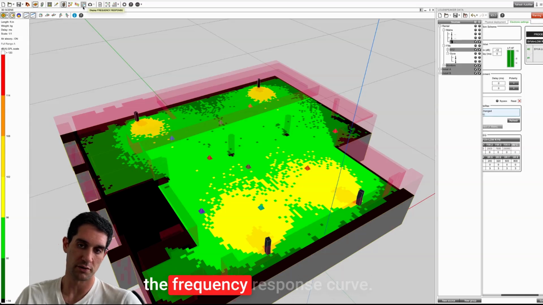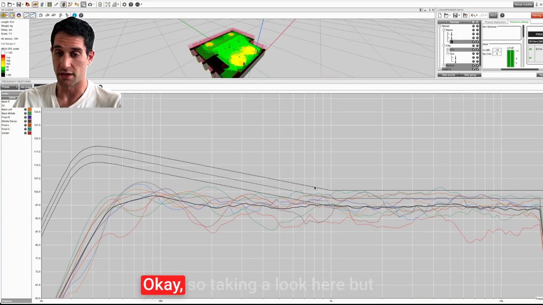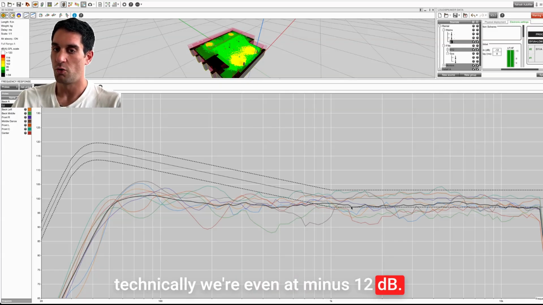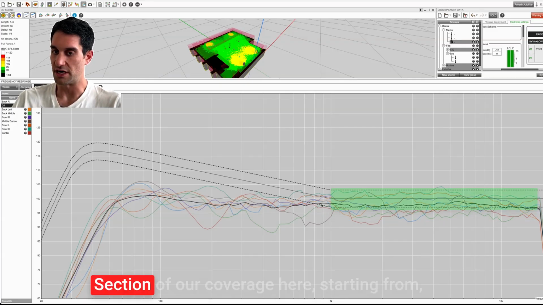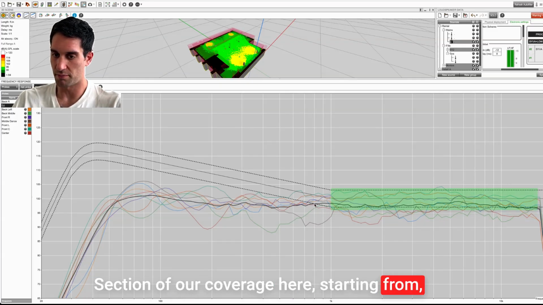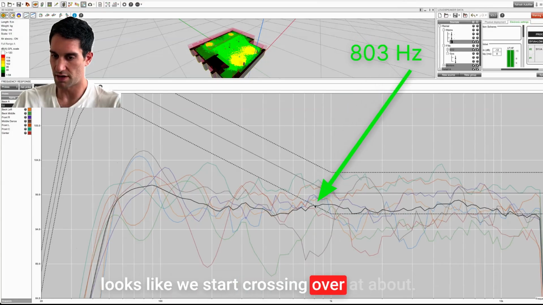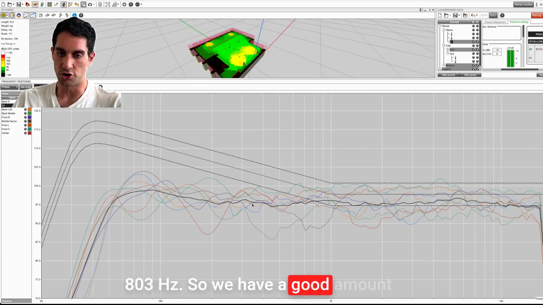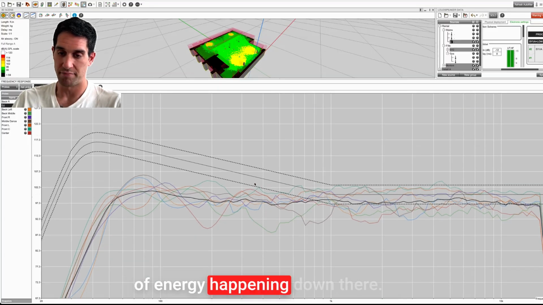Let's see how we're doing on the frequency response curve. Okay, so taking a look here, even at minus 12 dB, we are in the bottom section of our coverage here, starting from, looks like we start crossing over at about 803 hertz. So we have a good amount of energy happening down there.